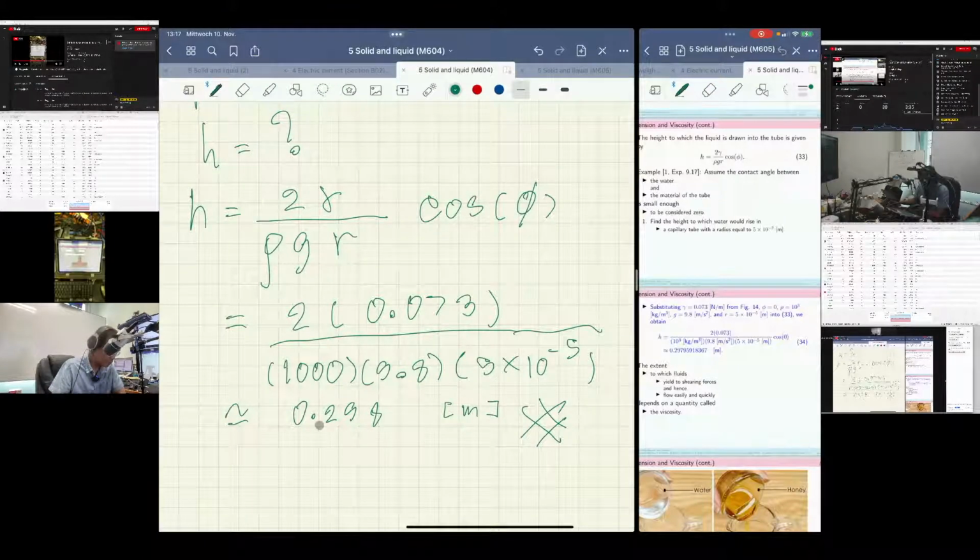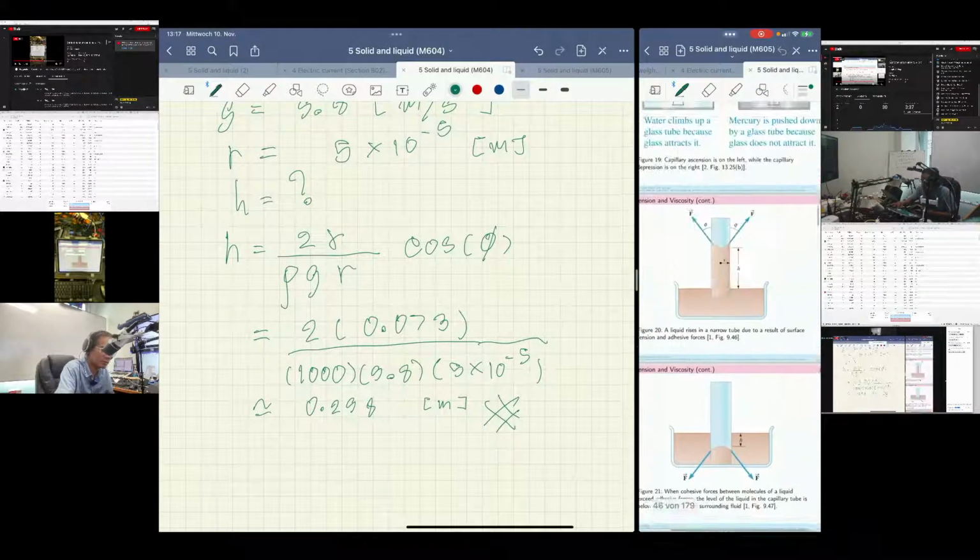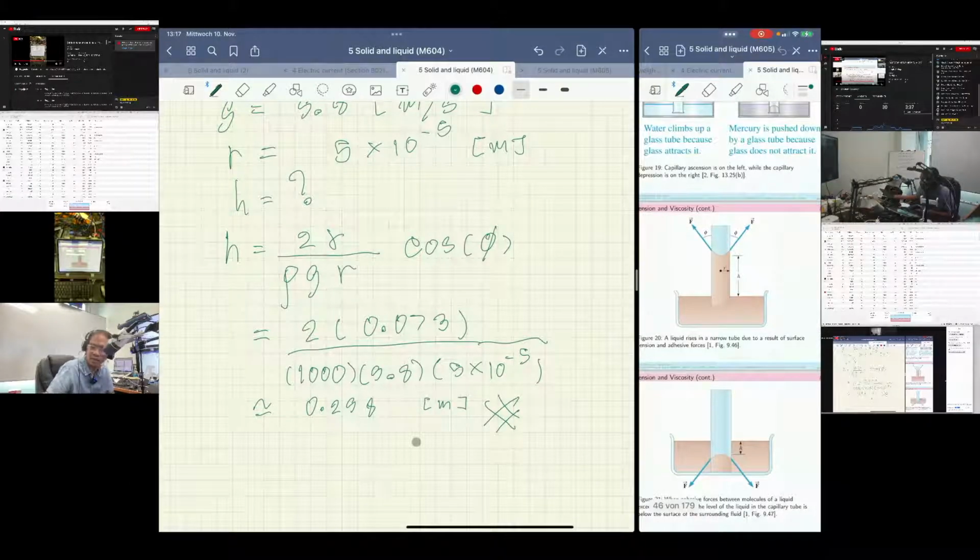So this one is 29.8 centimeter, right? So that's the height that you can observe from this one. The height here is almost 30 centimeter.